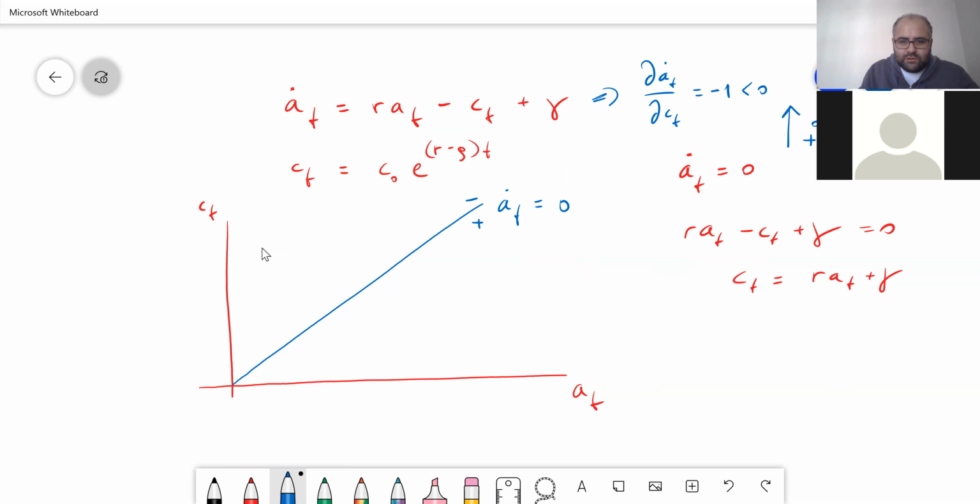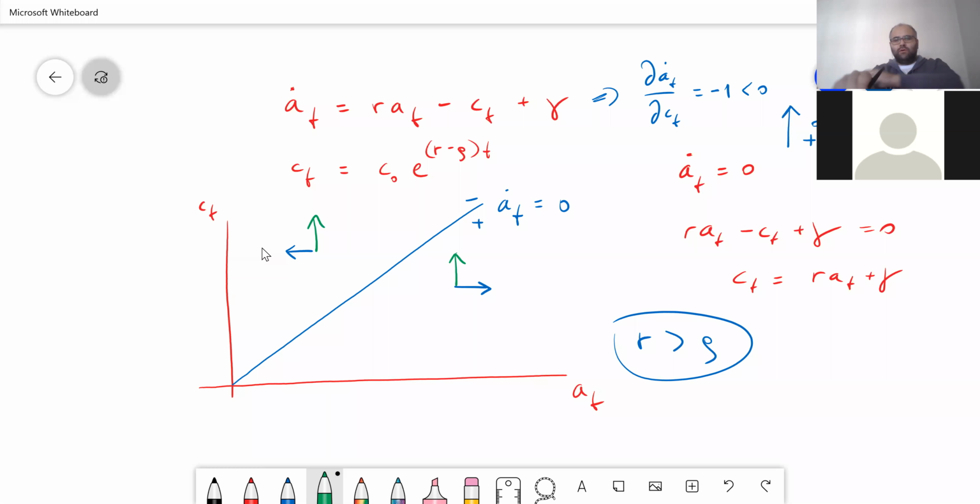So you have an increase here and a decrease here for AT. But for consumption, as long as R is greater than rho, there's always growth. So consumption will be growing in both parts.